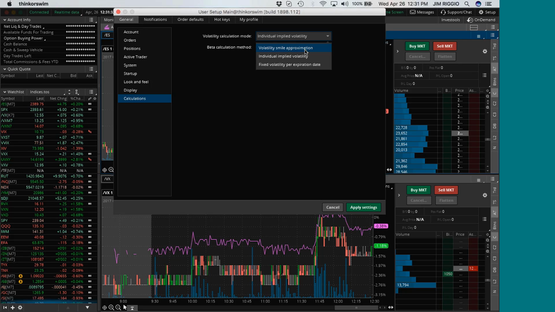It will tell you that if things are traded in this perfectly modeled world that Thinkorswim has built for you, this is what it would trade for. It's interesting to see how the options pricings change and what their implied volatility was, but it's not useful. Fixed price says every single option trades at the same implied volatility. That's never going to happen. That's useless.